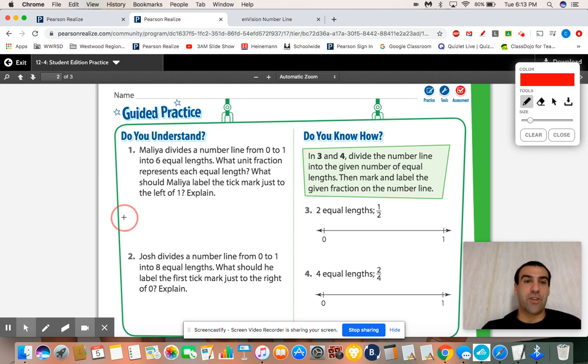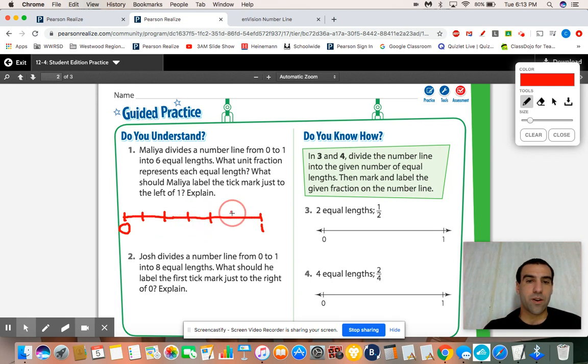All right, so I know it's going to be from 0 to 1. I'm going to go right here. It's going to be 1, and then this one's going to be 0, okay? Now, I know it's going to be 6 equal parts, so I'm dividing into 6, okay? Try it. 1, 2, 3, 4, 5, and 6 is that last mark.